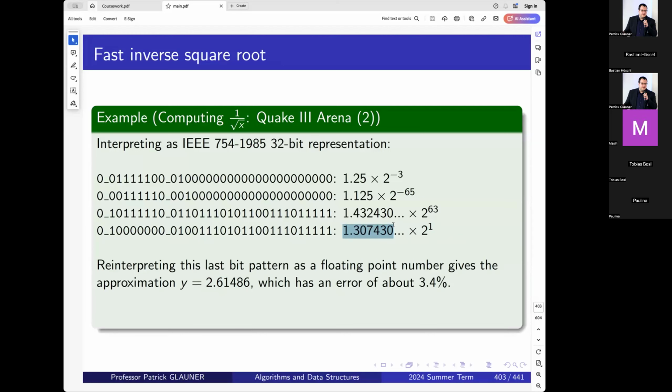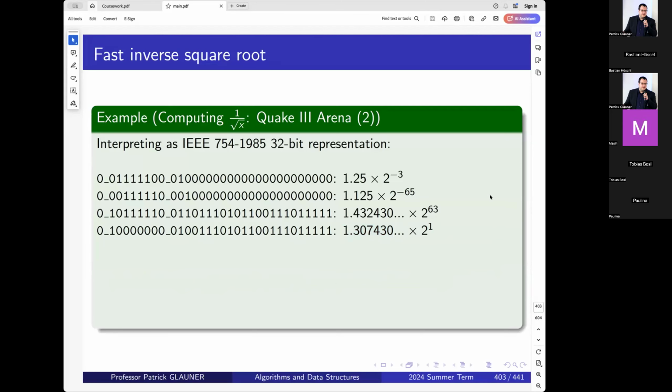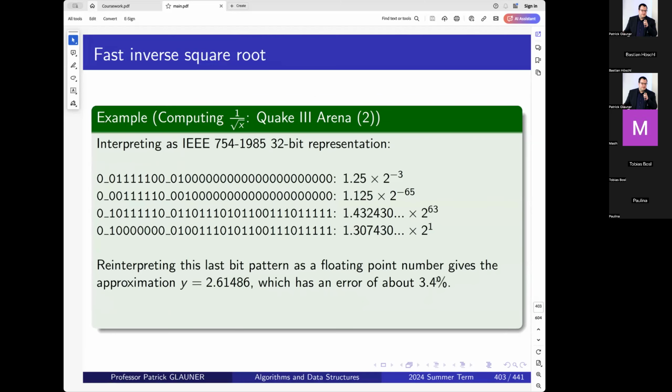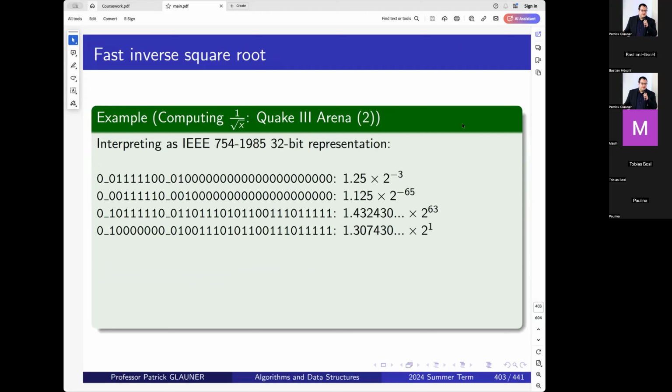And this is actually super close to our expected result, because the expected result is 2.52 whatever. Concretely, we are off by 3.4%, but just by doing some bit shifts and some bit manipulation, we could very easily approximate the fast inverse square root.